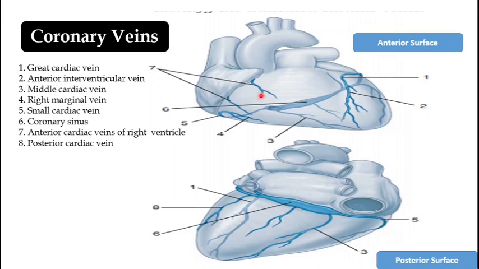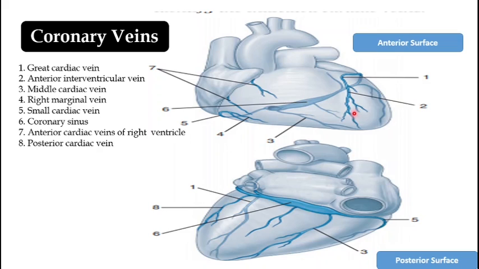So these anterior cardiac veins drain their deoxygenated blood directly into the right atrium, whereas the deoxygenated blood from the different coronary veins first drains into the coronary sinus, and then from the coronary sinus this deoxygenated blood drains into the right atrium. So now we will try to understand what are the different coronary veins which are merging into the coronary sinus.